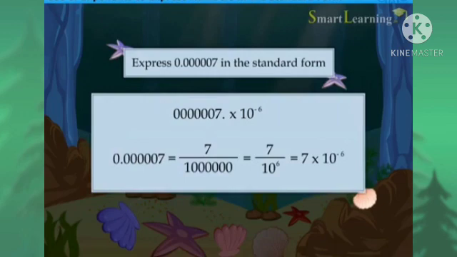Because 0.000007 is equal to 7 upon 10 lakh, is equal to 7 upon 10 raised to 6, is equal to 7 into 10 raised to minus 6.